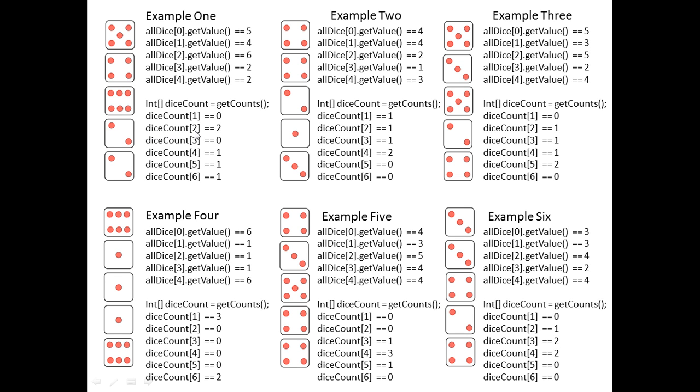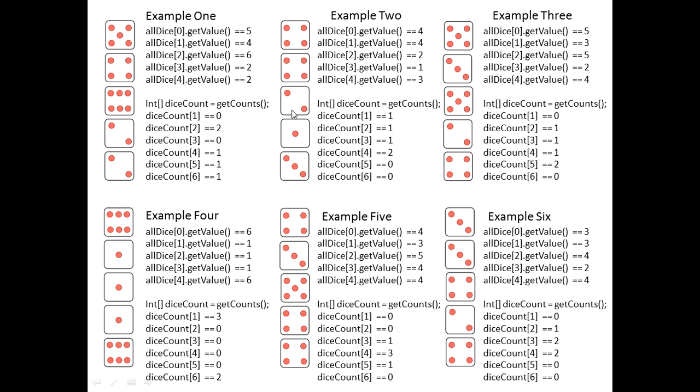If you access index 2 of that array, you have the value of 2, because 2 of these dice have 2s. If you access the element at index 3, you'll get a 0, because there are no 3s. If you access index 4, you'll get a 1, because there's 1 4. If you access index 5, you'll get a 1, because there's 1 5. And at index 6, there's a 1, because there's 1 6.